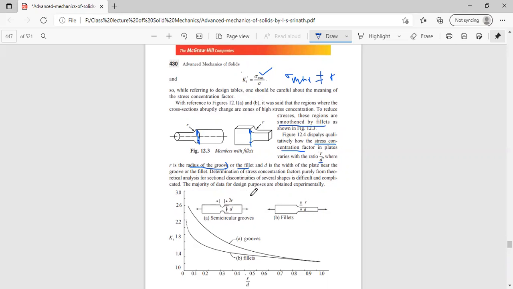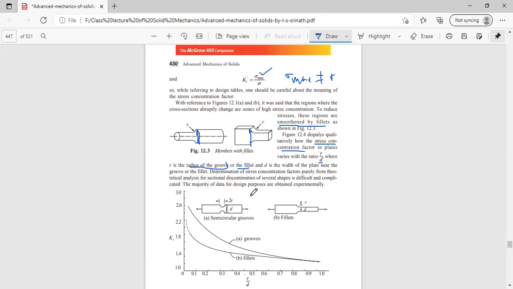So R and D are the most important factors: the radius of the groove or fillet, and the width of the plate, which become mandatory for reduction in stress and increasing the strength of this prismatic bar at the time of sudden reduction in cross section.